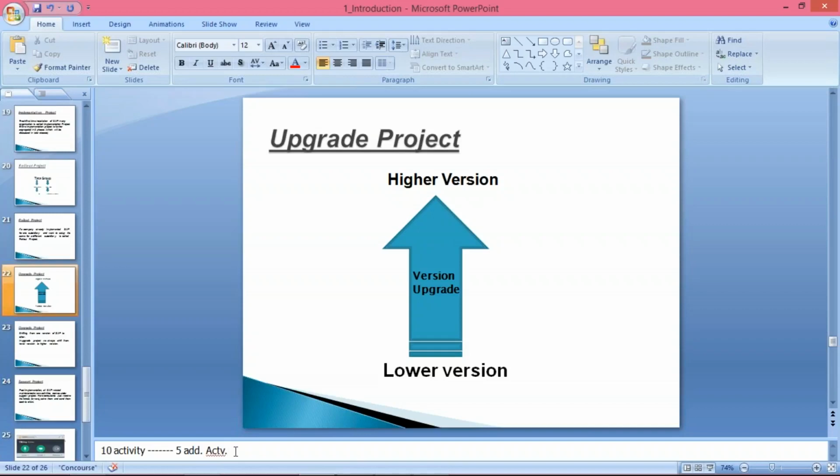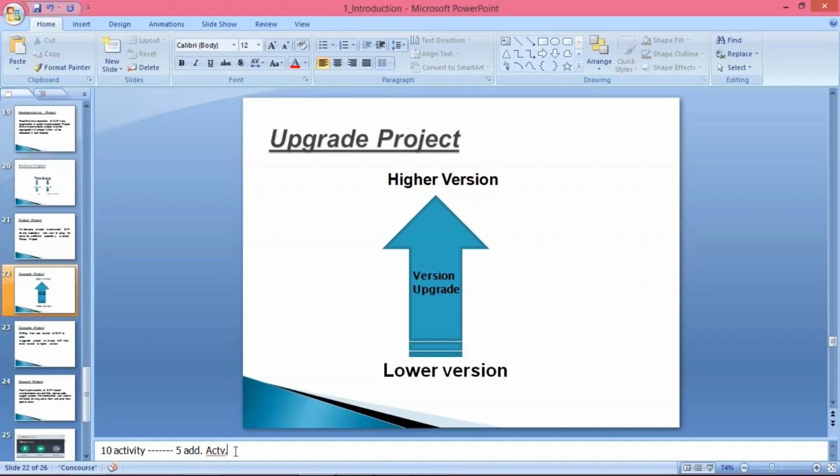It means we have to test a total of 15 different activities. First of all, the 10 activities belonging to the older version we have to deliver, and apart from this, the new 5 activities in the newer version also we have to deliver. So this testing will be performed by you guys only.